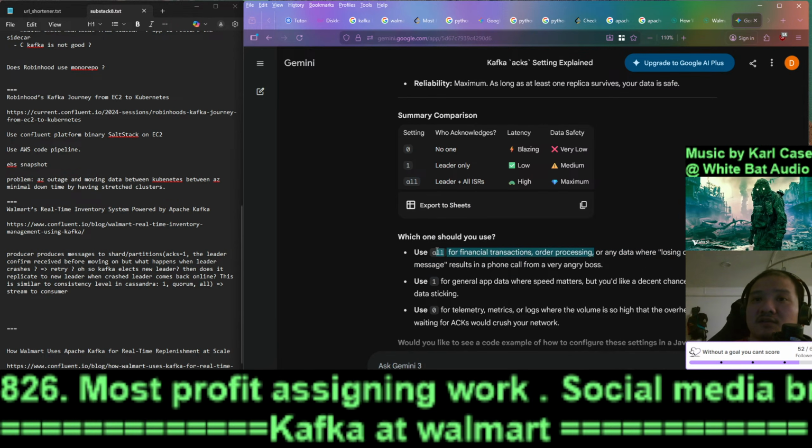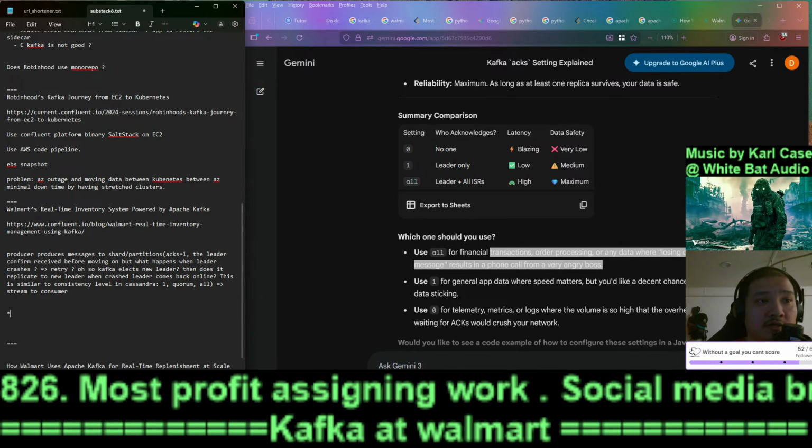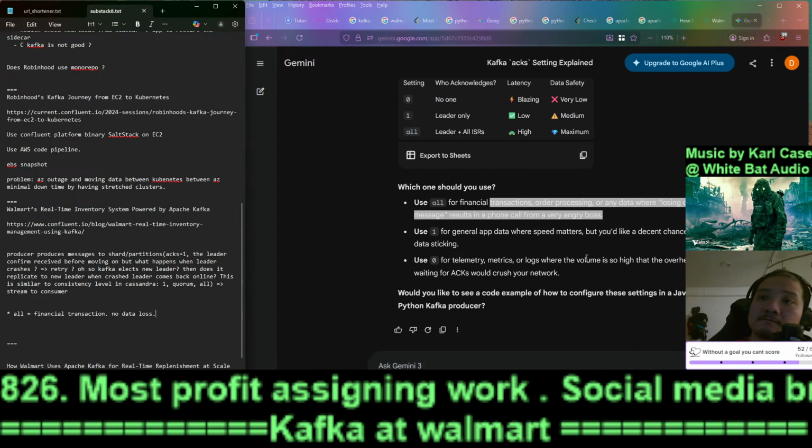Use all for financial transactions. Okay, so nothing we know is 1, or like financial transactions. No data loss, please. Zero for logs, metrics, or whatever.